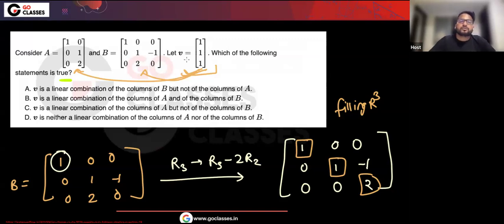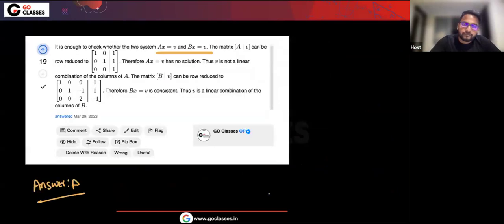We observed that these columns are linearly independent, so this will be a linear combination of them, and then we checked it manually. The other way to check it is whether Ax equal to this v has a solution or not, Bx equal to b has a solution or not. So this is the other way to check it, right?